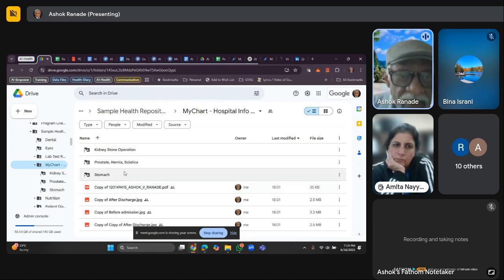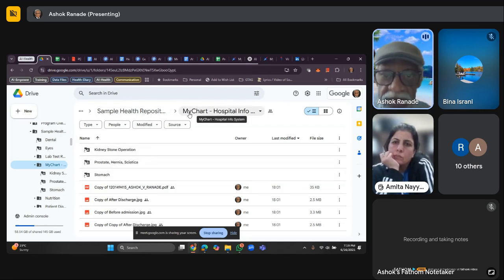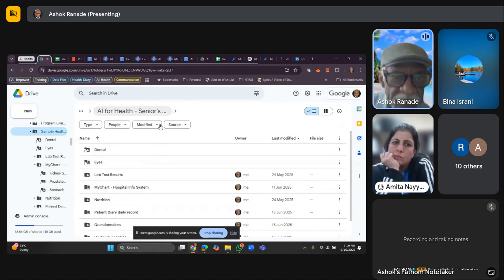my chart. Now I had these three major medical conditions: kidney stone operation, prostate hernia, and sciatica. In these 3 years I went through these three different major things. These are all records available from the hospital management system, which are stored over here. Then there are other things like nutrition, then the patient diary.